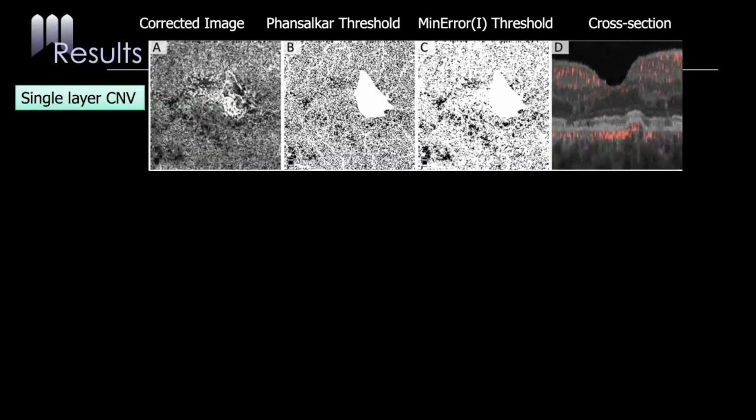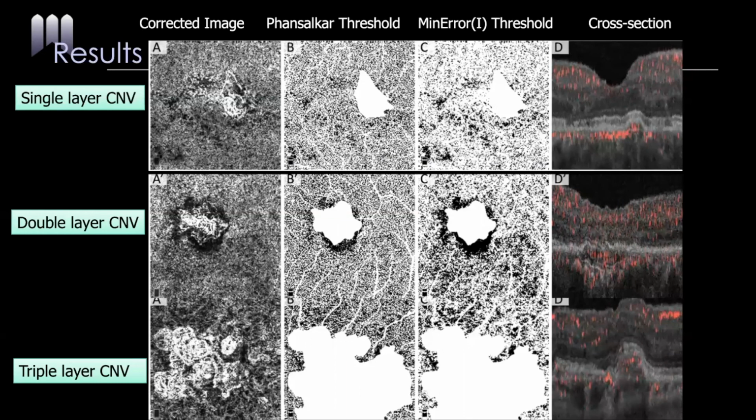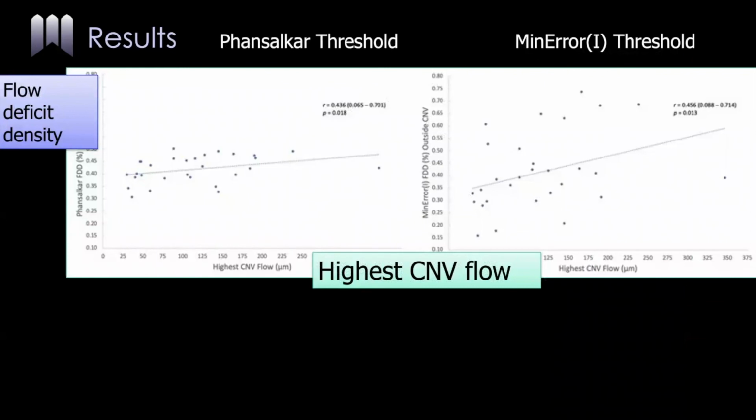So when we look at examples of these CNVs and surrounding choriocapillaris, here we apply two thresholds, again, for validation of our findings. If you look at a single layer CNV, you see the number of flow deficits. With a double layer CNV, we're starting to see more flow deficits, bigger flow deficits. And with a triple layer CNV, we see even more. When we looked at these correlations, we found that the highest CNV flow was the most reliable and consistent variable.